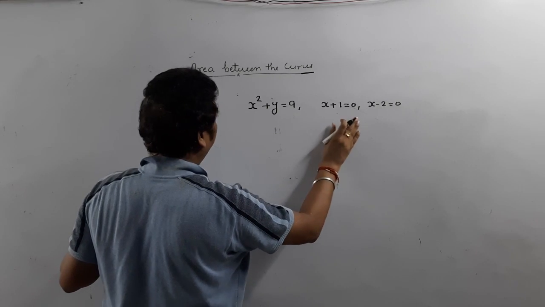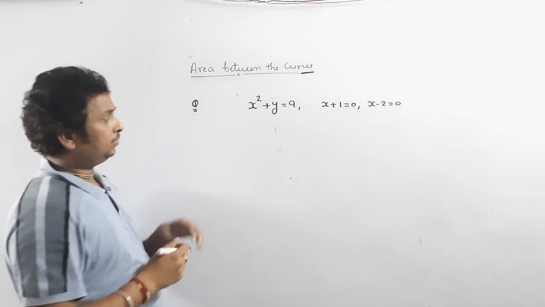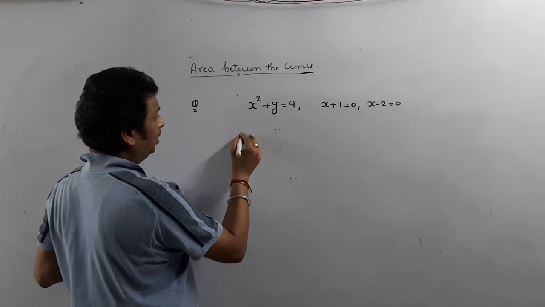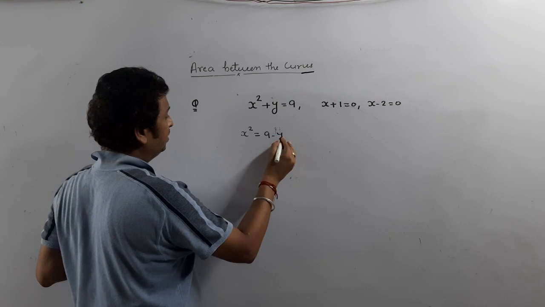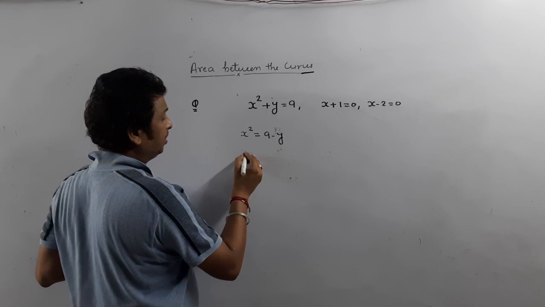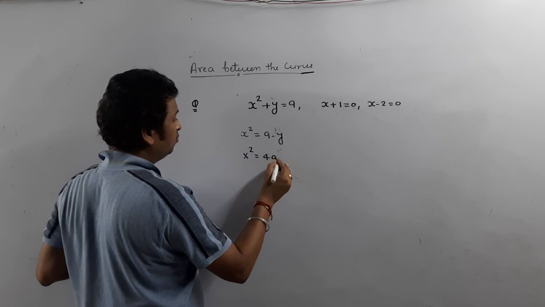Find the area between these curves. So what is the given curve? x square is equal to 9 minus y. This is a parabola, of which type? x square is equal to 4ay.